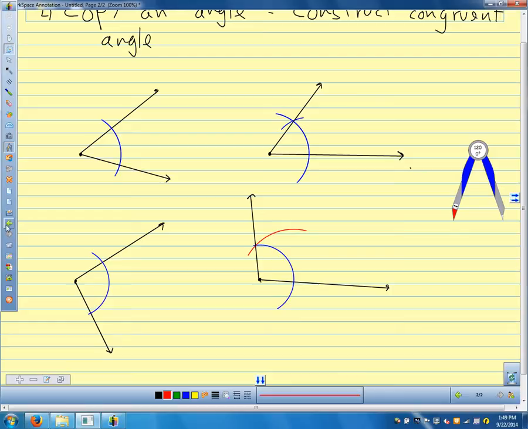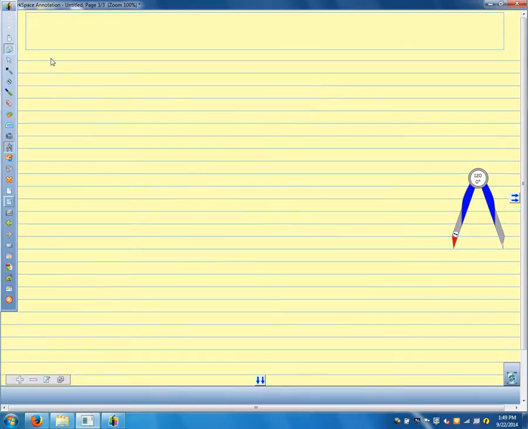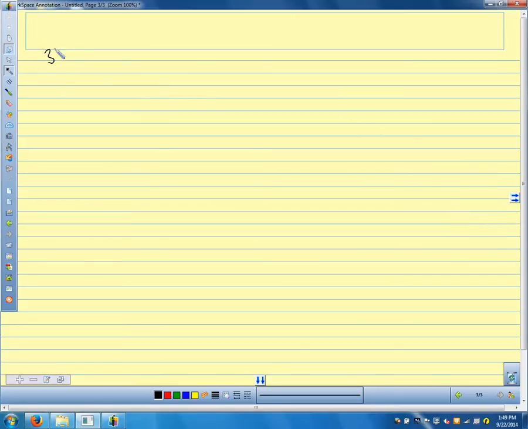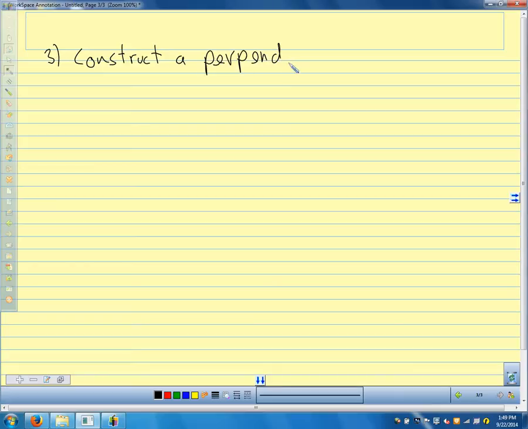All right, next one. We're going to construct a perpendicular bisector. The other way that you'll see this one is we're just going to say bisect a segment.